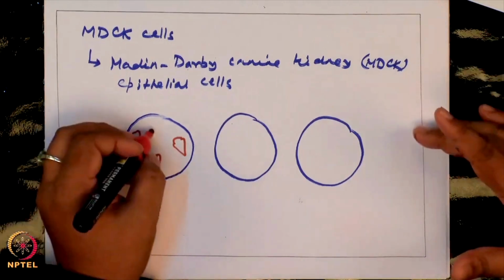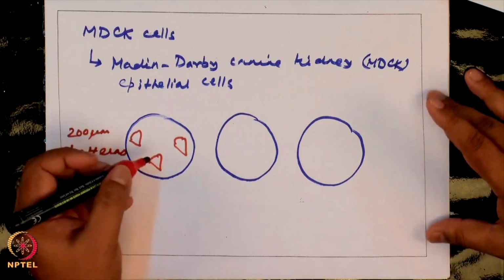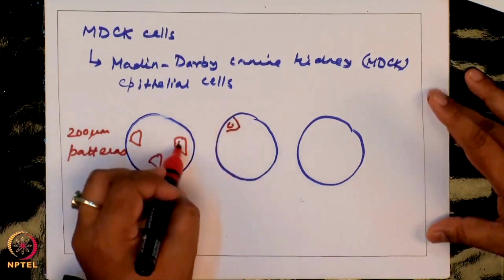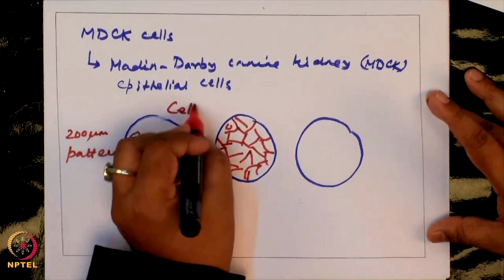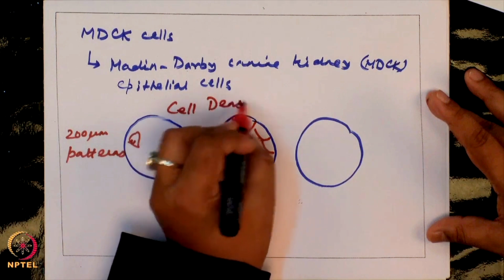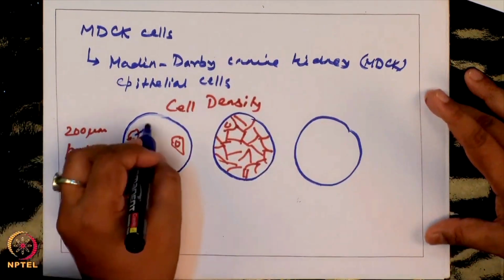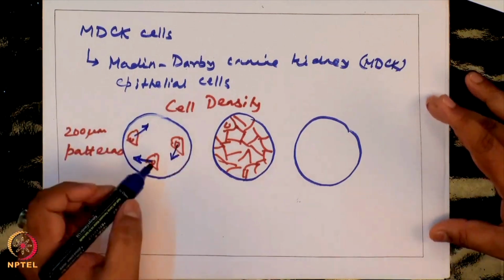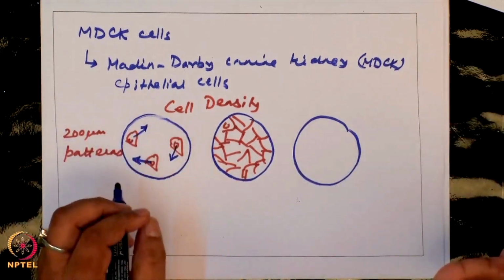So cells will attach to this, but not on the surrounding areas. When you plate cells on these patterns, you play with cell density, and you ask what is the average nature of migration exhibited by these cells on these patterns.